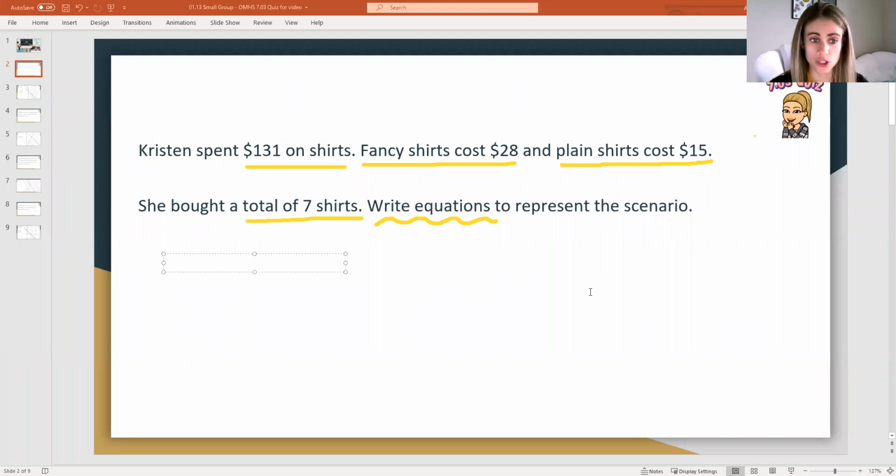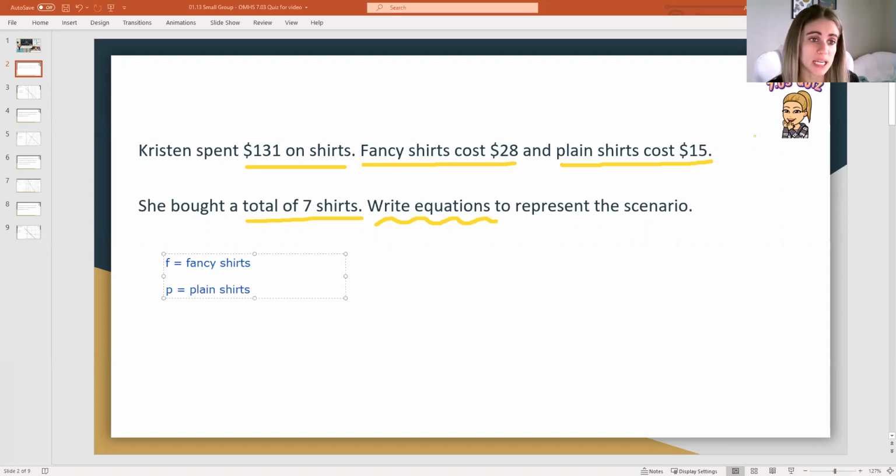We have fancy shirts and plain shirts. You can use an X and a Y, but I like to use variables that kind of match the name because it helps me remember what they stand for, which will lessen my chance of making an error. So I'm going to use F for fancy shirts and P for plain shirts.